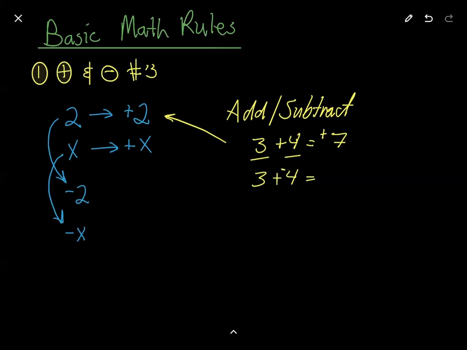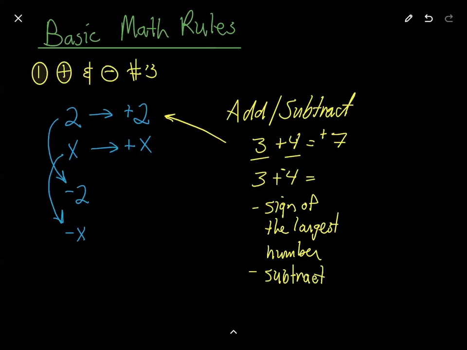The rule there is that it's the sign of the largest number. That's the first part. You take the sign of the largest number and then you subtract the numbers from each other. The sign of the largest number is a negative value, since 4 is larger than 3, so the result is going to be negative.